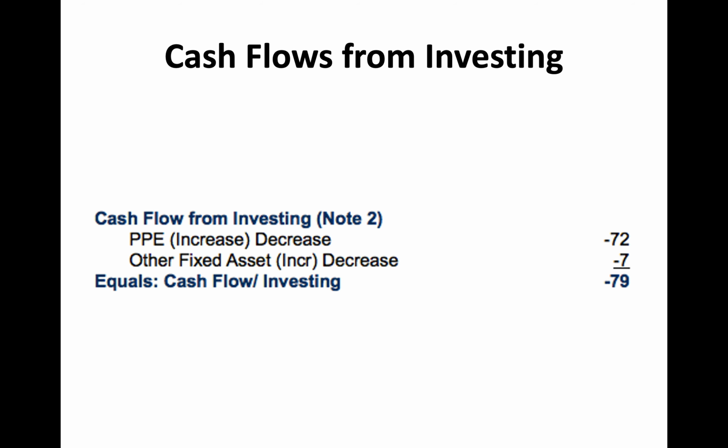Decrease, positive number. So if we're buying PPE, that's money going out the door. It's a 72 decrease. If we have an increase in fixed assets, that's money going out the door. We have a -7, so the cash flow from investing is a -79 going out the door.